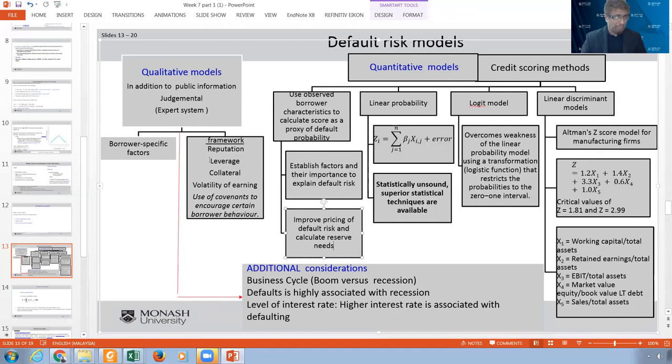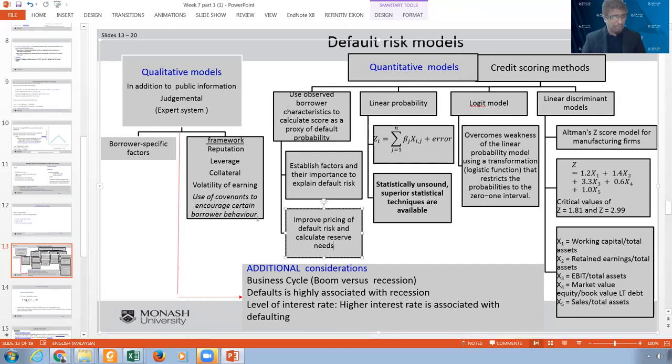We have the leverage, which we have to take into consideration. We have to check for collateral, if the customer will give us their factories, lands and assets. We also have to consider the volatility of earnings. And we also use some types of covenants, which means conditions to encourage certain borrower behavior.